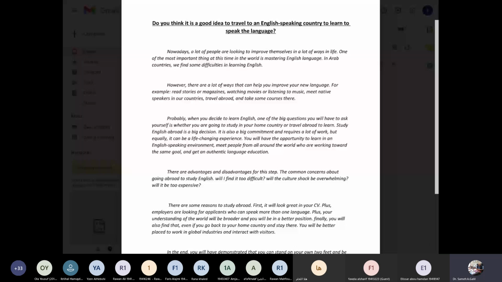And obviously, this is not consistent with the title or with the essay prompt or the essay question. The essay question is about whether you think it's a good idea to travel to an English-speaking country to learn English or not. Okay? So her thesis statement is not consistent with that, right?